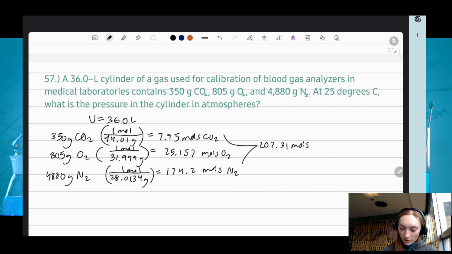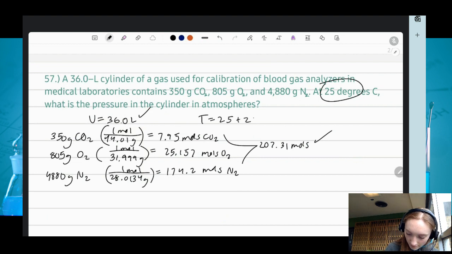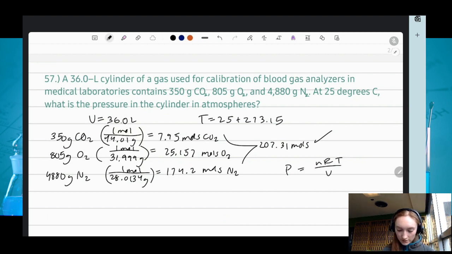Okay, so we have the moles in check, we have the volume, and it is at a temperature of 25 degrees. Now we are trying to figure out the pressure. That equation will be P equals nRT divided by V. So now we just plug in all of those values. The n goes there.